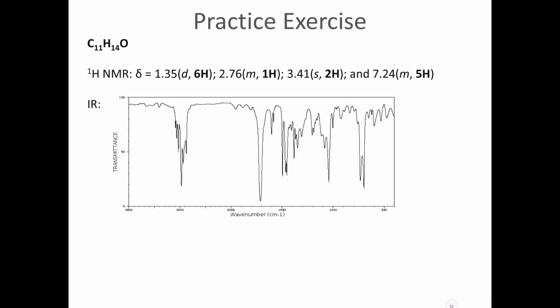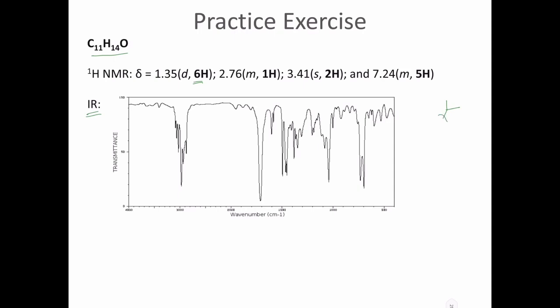Predict the structure of C11H14O given the proton NMR and an IR. Okay, so let us try to put everything together so we can find what the structure is going to look like. So we have 6 protons, which tells us that we have an isopropyl group.